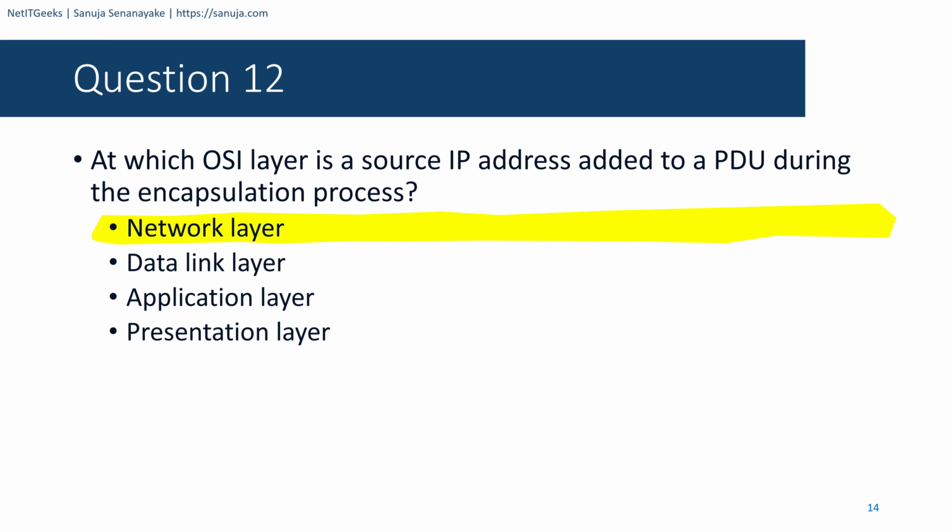But if you properly understand it, this is an easy question: it's the network layer. So that's the answer to question number 12. Again, if you don't understand the OSI layer model, just memorize these concepts and you should be good to go. I know it sounds bad as an instructor telling you to do that, but don't worry, a lot of people memorize the OSI model.